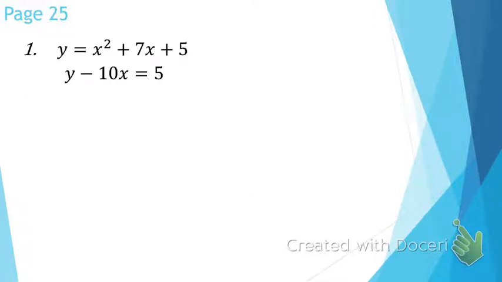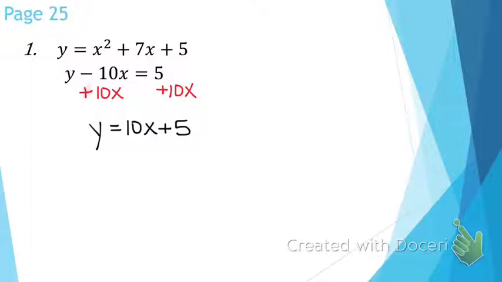So let's do the same thing with number 1. We're going to start by setting them equal to each other. Before I can do that though, I need to add the 10x. So that would be y equals 10x plus 5.